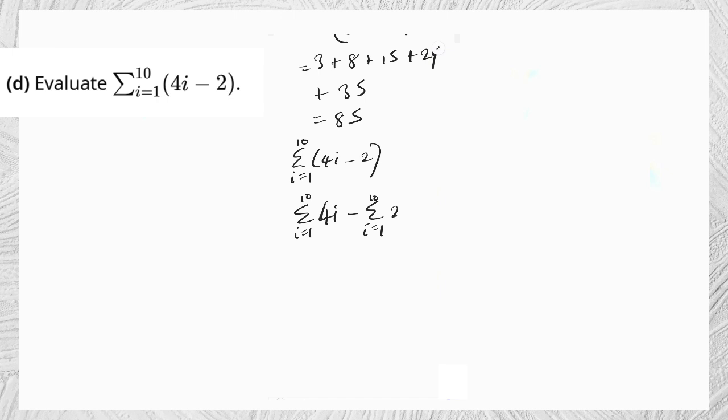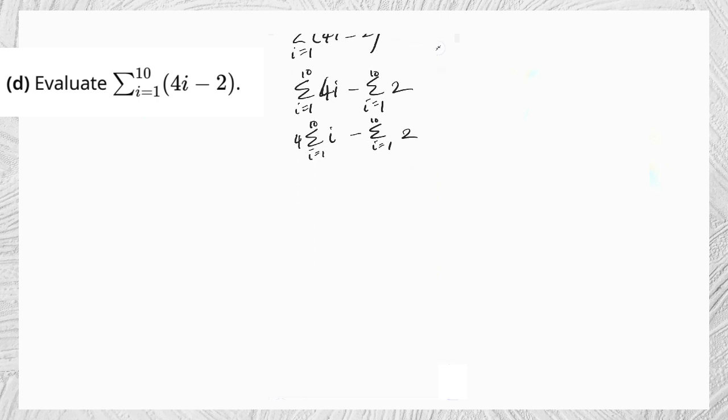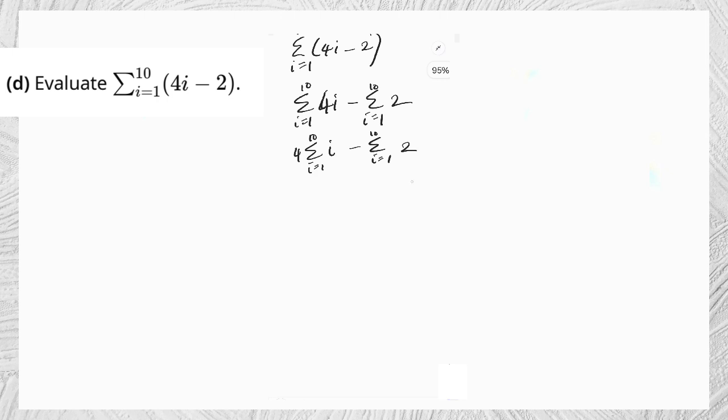So doing that, you're going to have the sum from i equals 1 to 10 of 4i, and the sum from i equals 1 to 10 of 2. Using the law of linearity, we can take the 4, which is a constant, out of the sigma. And now we can solve for the summation of i equals 1 up to 10 for i.